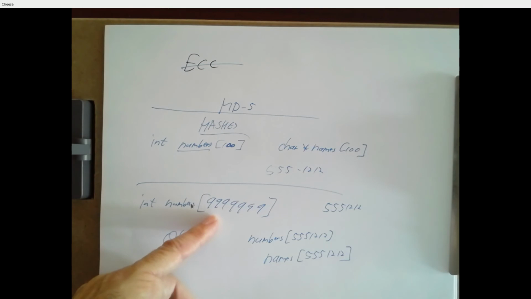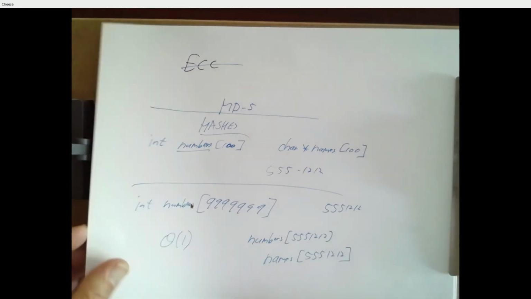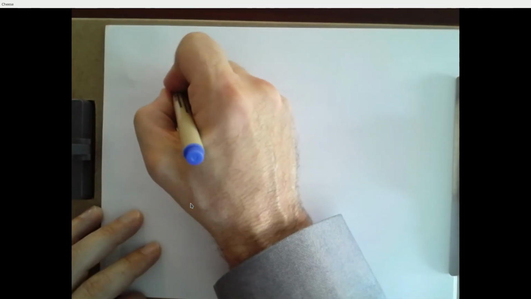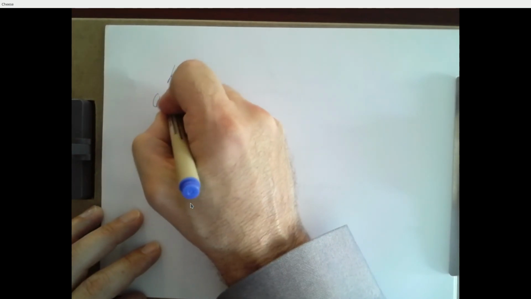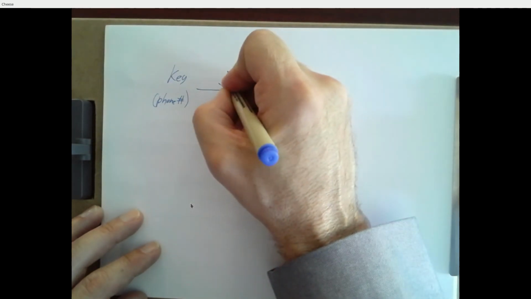So we'd like to get the best of both of those. We'd like to be able to take your number and directly pull whatever we're looking for, the name, out of this array, but without having this huge chunk of memory that we're allocating to store this data. So this is where a hash comes in. With a hash, we basically take some key that we're looking for, such as a phone number, and we feed it into what's called a hash function.